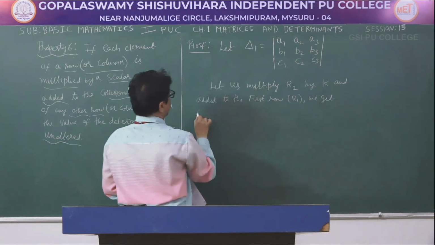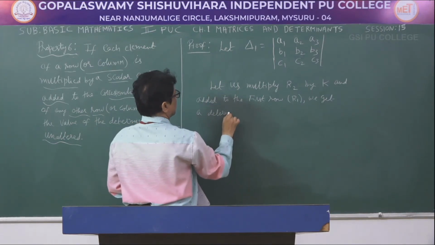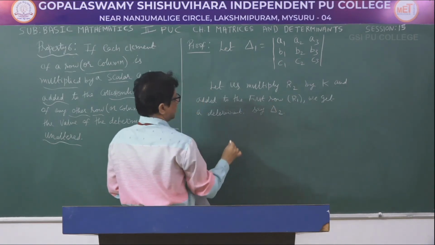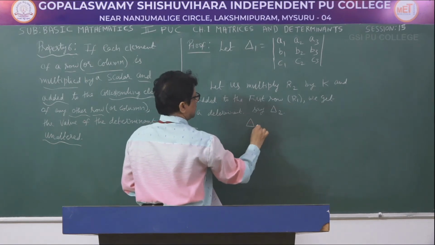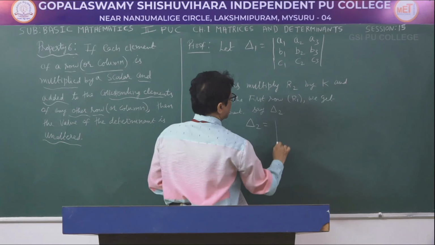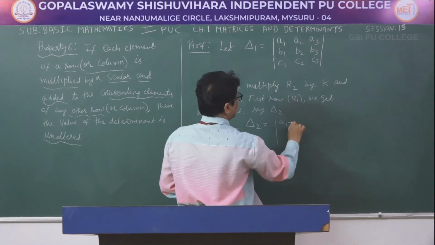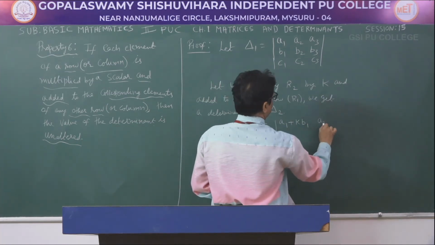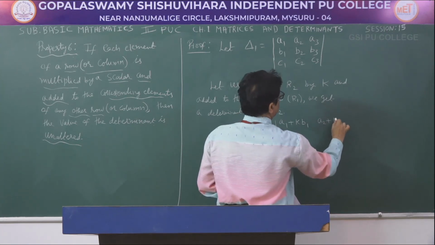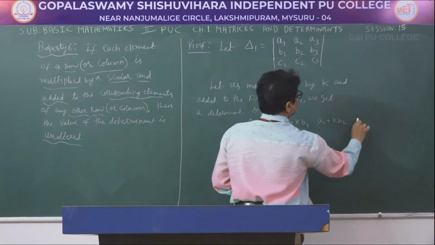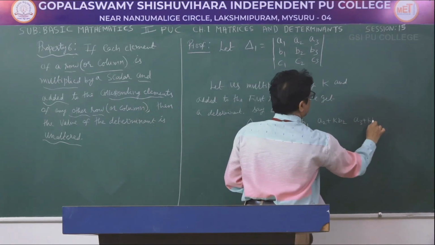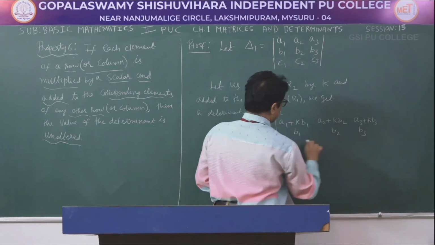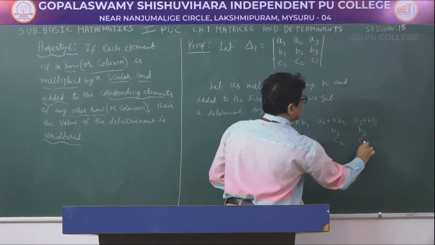We get a determinant, say delta 2. That is, delta 2 is equal to the determinant of a1 plus k into b1, a2 plus k into b2, a3 plus k into b3, b1, b2, b3, c1, c2, c3.